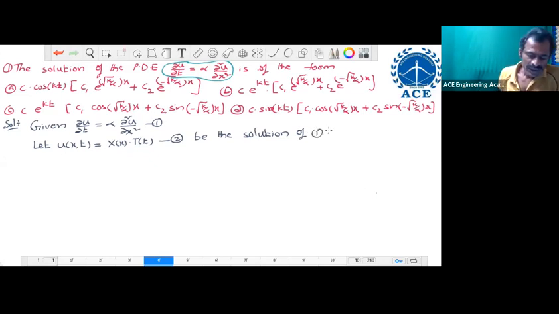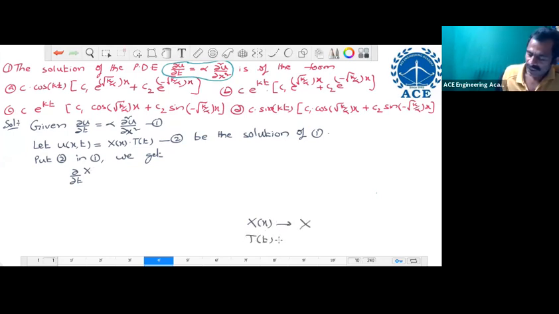Next, according to the second step, we should substitute this in equation 1. Wherever u is there, in place of that, we substitute X of x into T of t. Put 2 in 1. We get dou by dou t of X. Instead of writing X of x, in short form I write the capital X only.